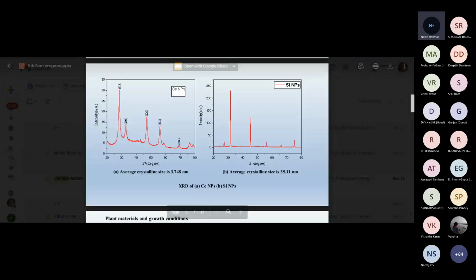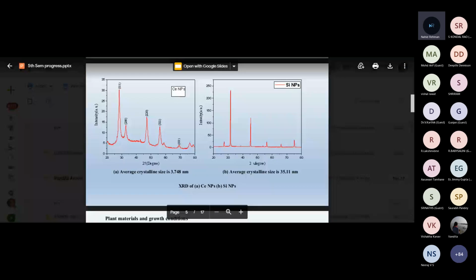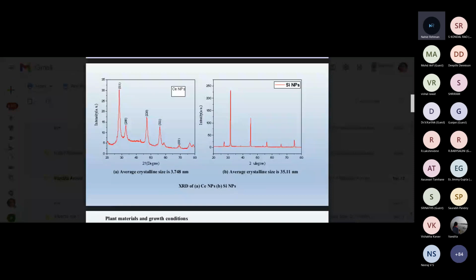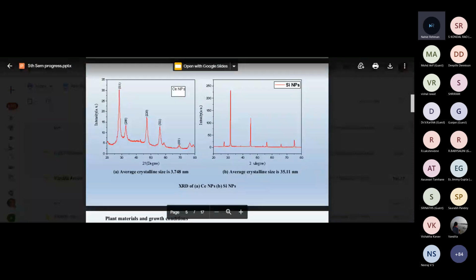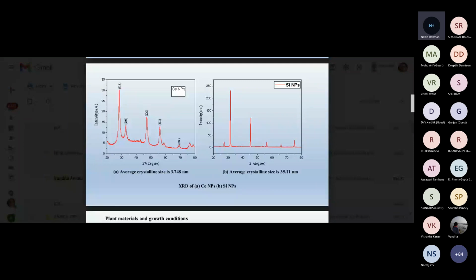This is the XRD pattern of crystalline nanoparticles. This one has been prepared for silicon dioxide, and this one is for cerium dioxide. You can see there is a very sharp peak, and these sharp peaks are showing three digits over here. These three digits are nothing but the HKL planes of your lattice, which is present in the solid phase of your nanocrystal.